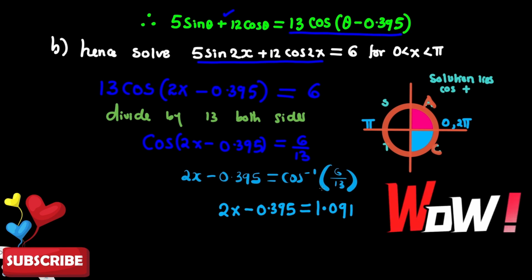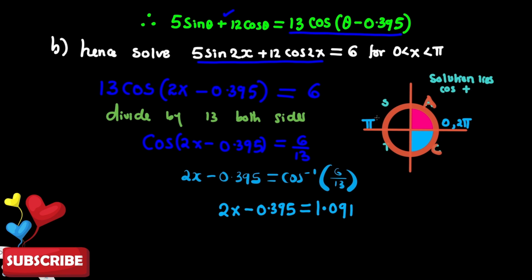So the first value of the angle that we have is 1.091. When you are measuring angles in the anti-clockwise direction, those are positive angles. I believe you understand that.